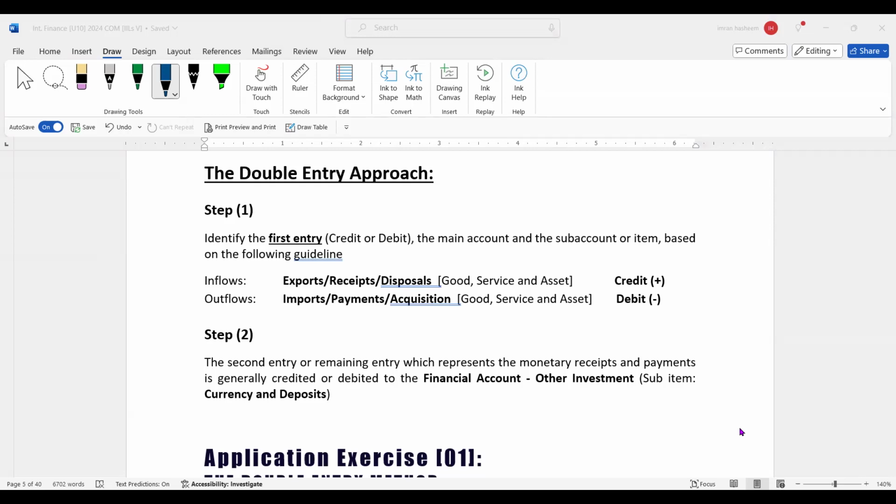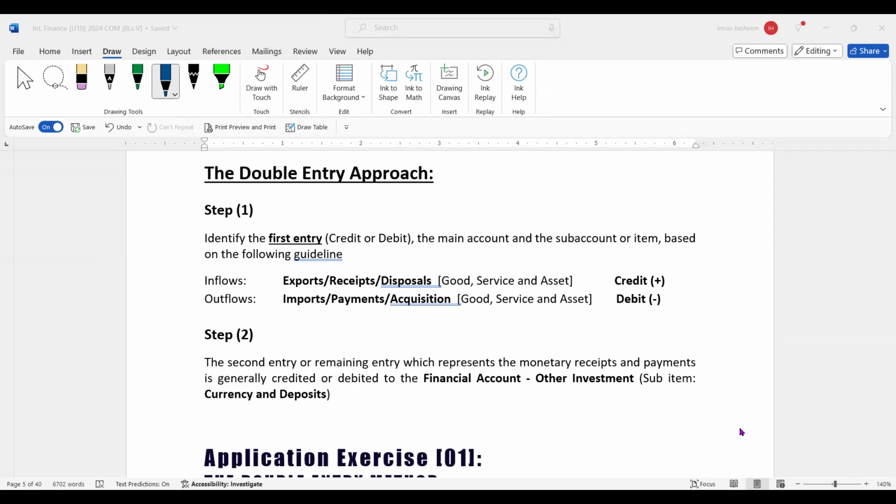Secondly, the second entry will simply go to the financial account, other investments. If you want to write a subcategory, currency and deposits. The second entry could be the credit entry or the debit entry, that doesn't matter, but it always goes to the same place.